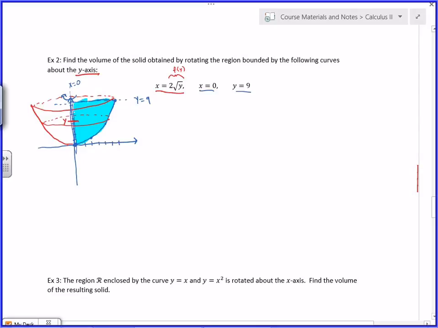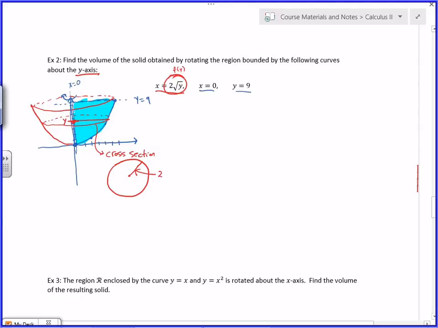You don't always have to draw all of this. Once you start to get the hang of this, you recognize that you know exactly what shape it is. It's always going to be a circle when you're doing revolved solids. But now you've got to figure out what that radius is. What's the distance from the axis or the center here out to that point? And that comes straight from your function almost always.